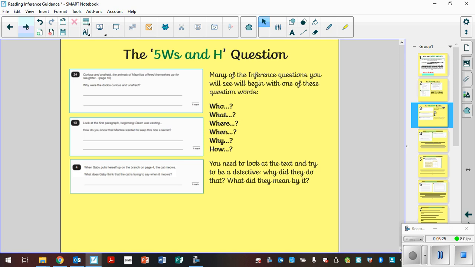That's what you have to infer. And that's why you're acting like a detective, right? For example, question 24 here, why were the dodos curious and afraid? So what you've read about the dodos, what can you infer about them being curious and afraid? So that's the W and H type questions, those question words.